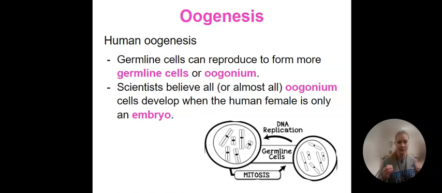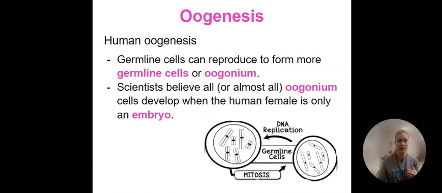Now, scientists believe that most, if not all, oogonium cells, or the cells that go on to become the egg cells, develop when the human female is still just an embryo. This is completely different from males, because remember, males do not form their sex cells or their sperm until they hit puberty, so like 13, 14 years old.